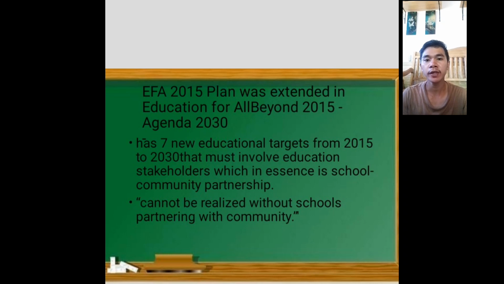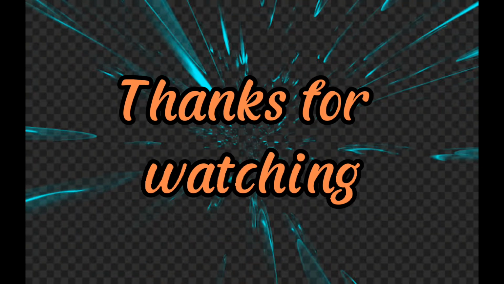It has 7 new educational targets from 2015 to 2030 that must involve education stakeholders, which in essence is school community partnership. So it cannot be realized without schools partnering with the community.